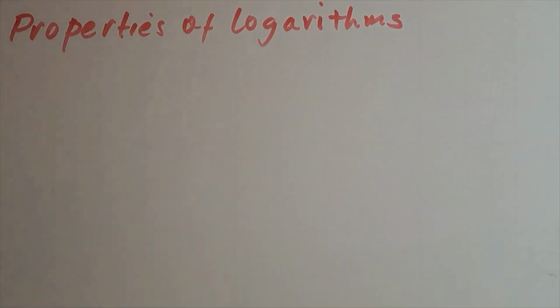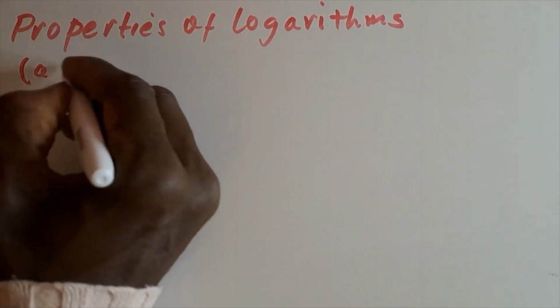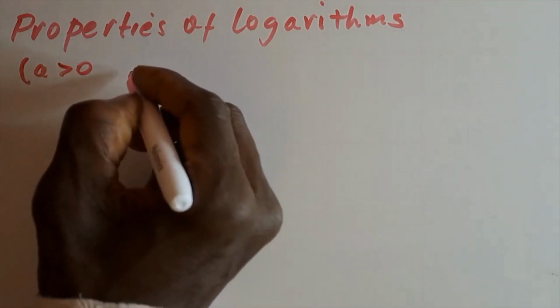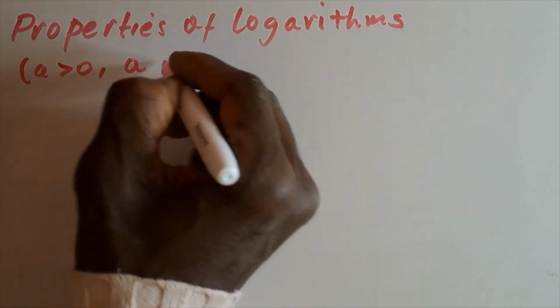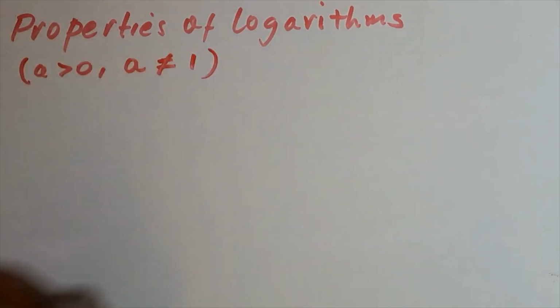Hello there. Today I'd like to talk about properties of logarithms, and they have some very useful properties, and this is based on the definition of logarithms as inverse functions of exponential functions. Now all of these are based on the fact that a is greater than 0 and a is not equal to 1.